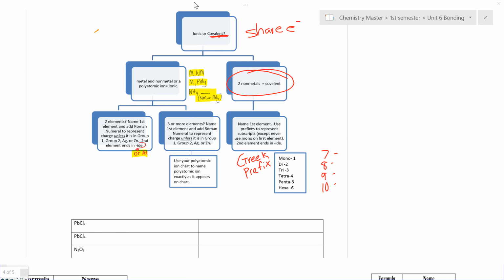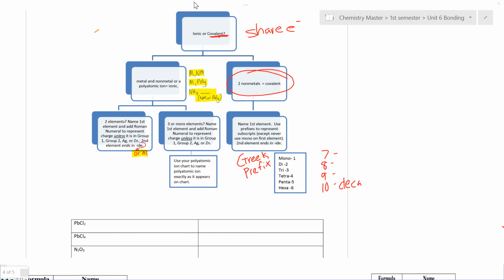Luis, you were volunteering? Yes? Okay. So who knows any of these prefixes? If you have 10 years, what's that called? That is a decade. So 10 is deca.